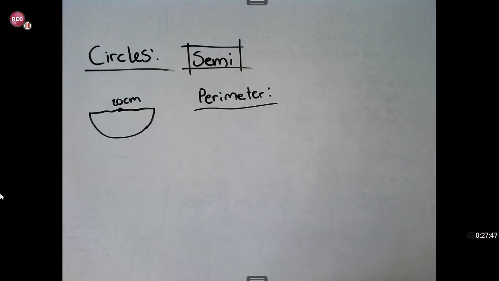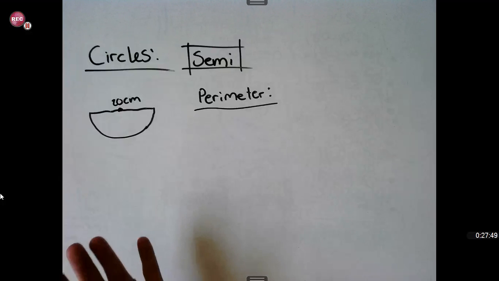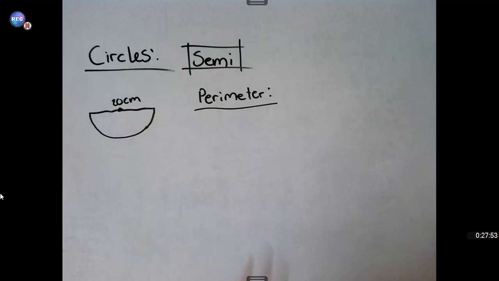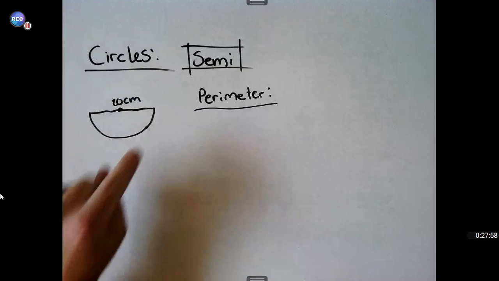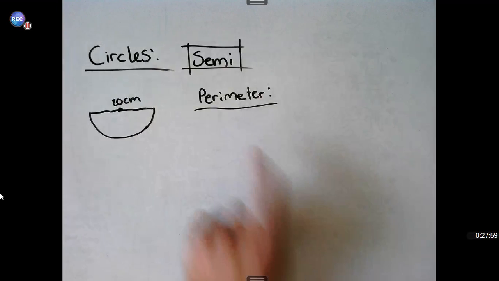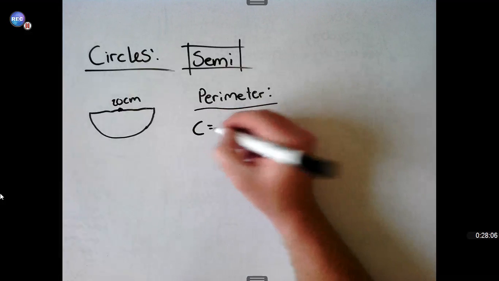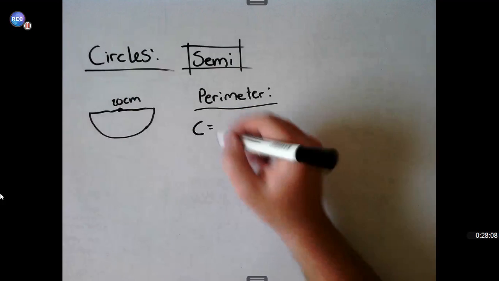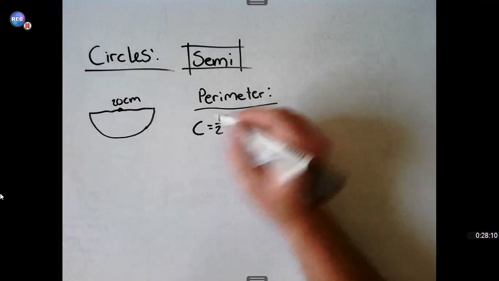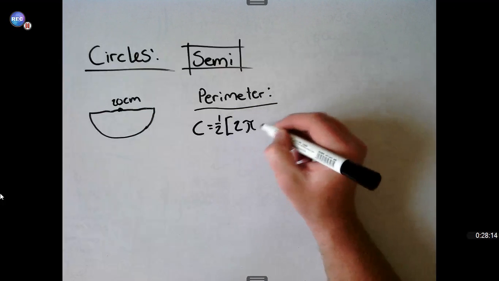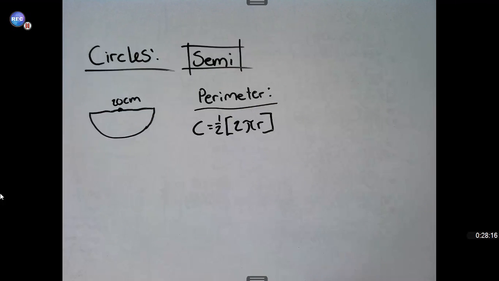You can either divide the answer by 2 to get half of the circle's circumference, or you can simply add it into your formula right at the beginning. Okay, so what we need to do is we're going to say C for circumference, then we're going to say a half, because it's half a circle, open bracket, 2 pi times radius.